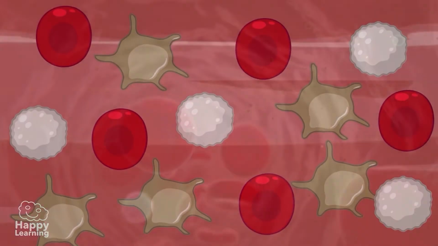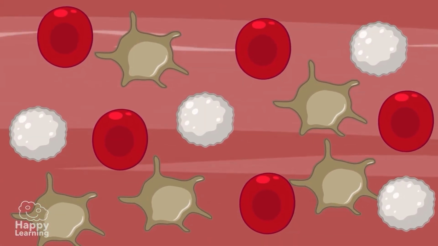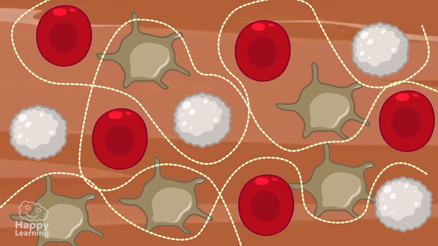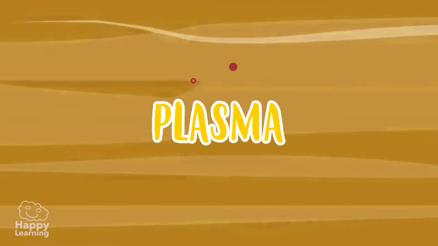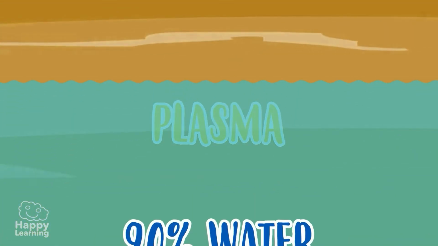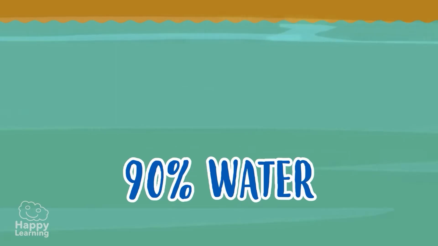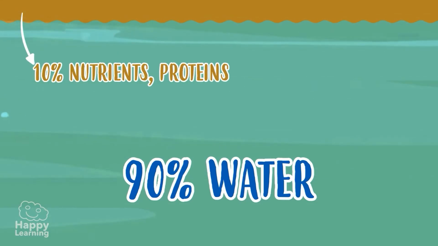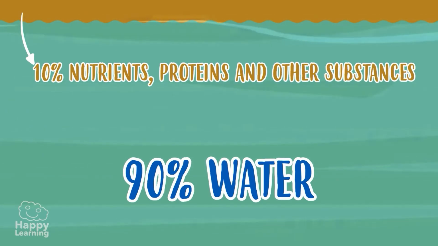Blood is made up of plasma and blood cells. Plasma is the liquid part of the blood and is made up of 90% water and 10% nutrients, proteins, and other substances.